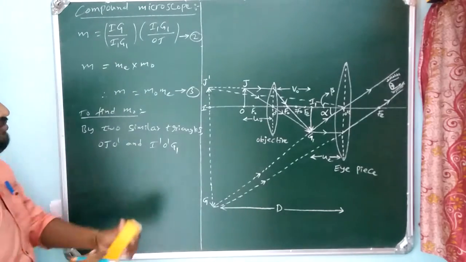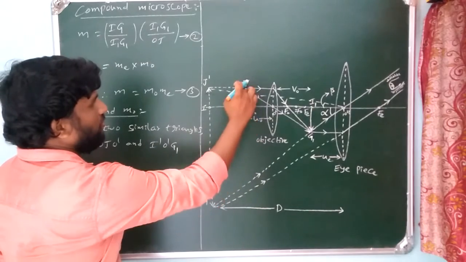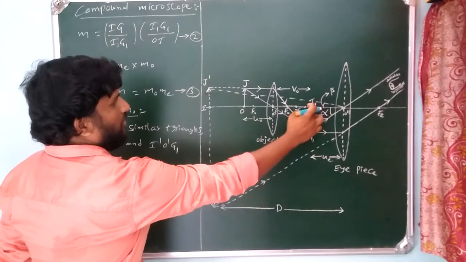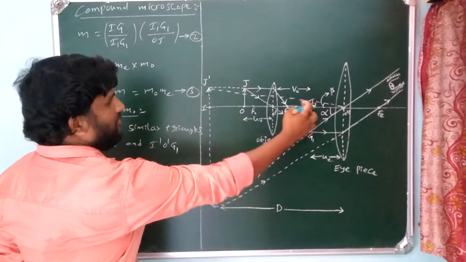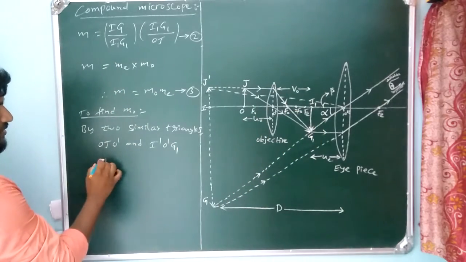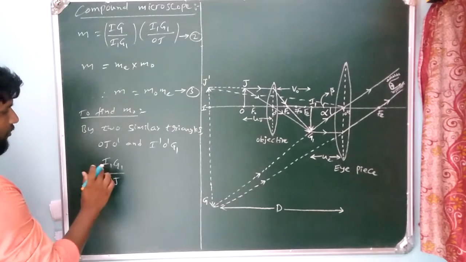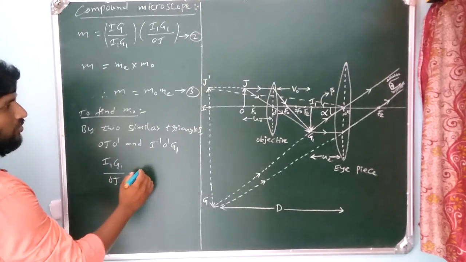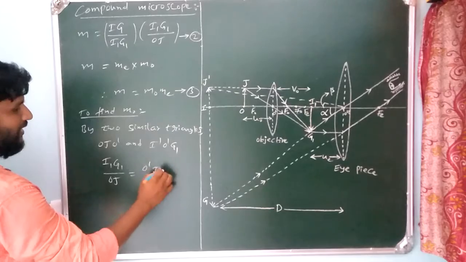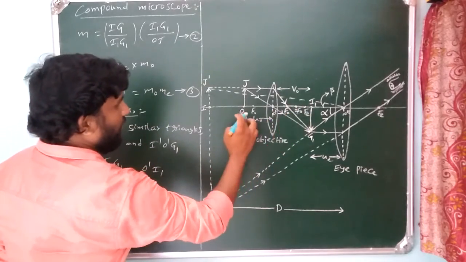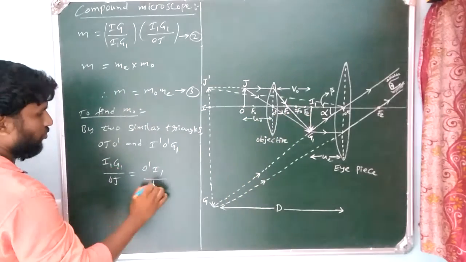These are the two similar triangles. The corresponding sides are proportional: I1G1 by OJ is equal to O'I1 by O'O.